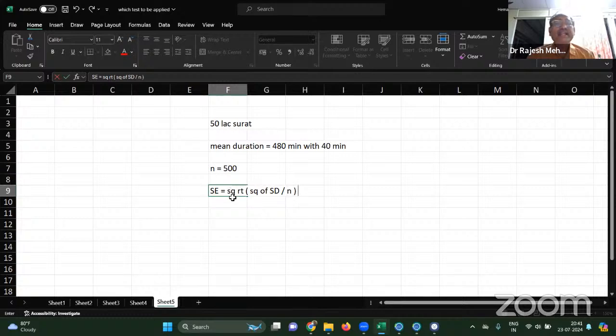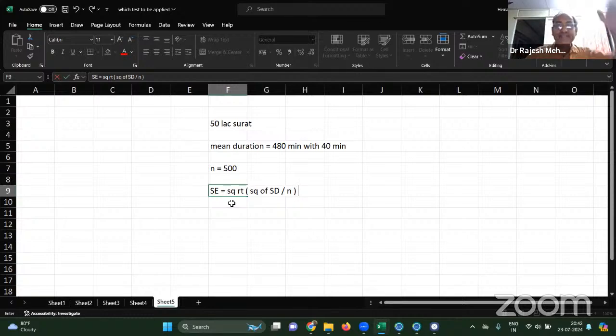So this will be standard error of mean. Again, I repeat, the standard error of mean is nothing but one kind of standard deviation when we take many samples, around the mean of the samples. So the word is very complicated: mean of the means of the sample.